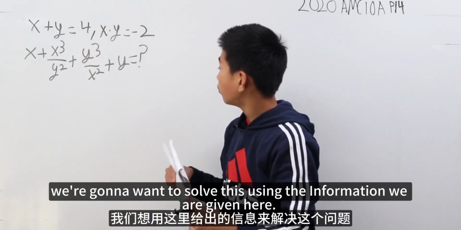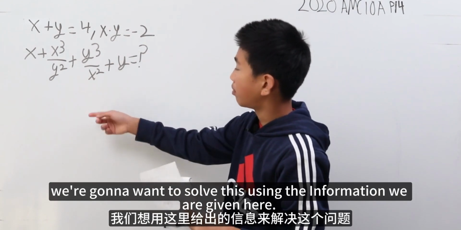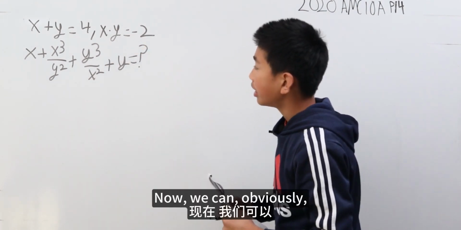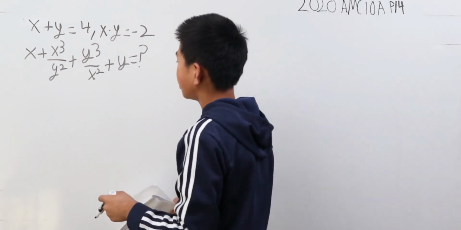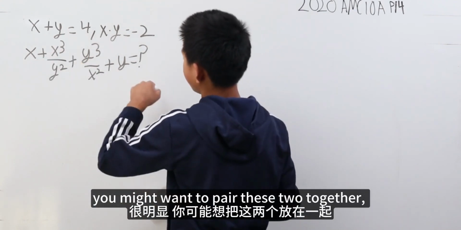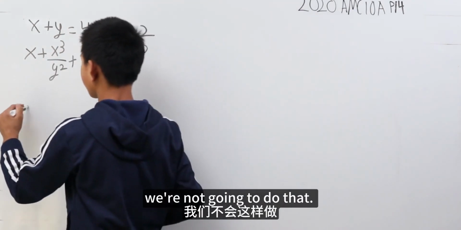Okay, so we're going to want to solve this using the information we are given here. Now, you might want to pair these two together, but for this solution, we're not going to do that.